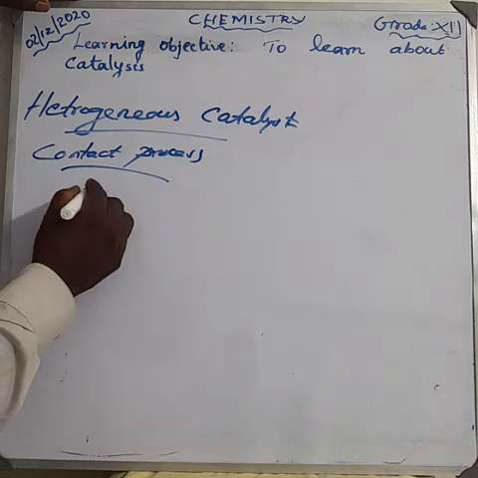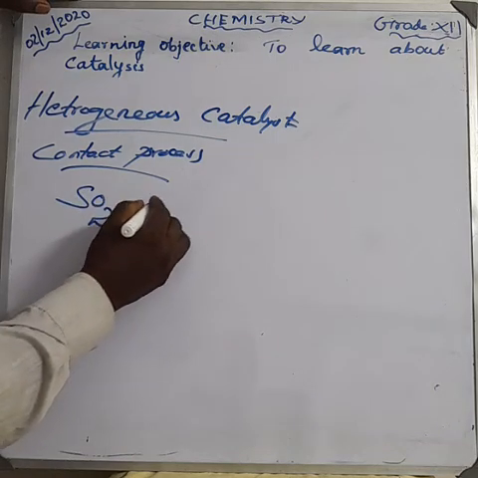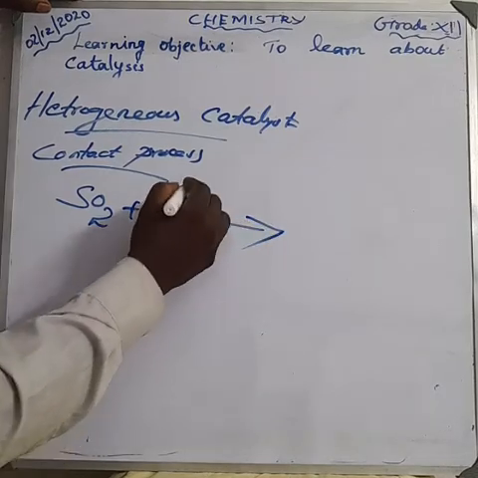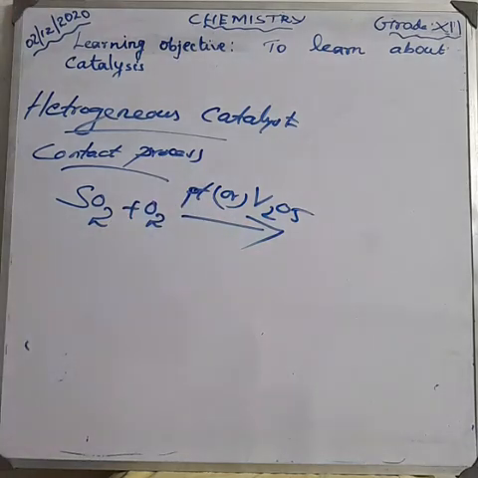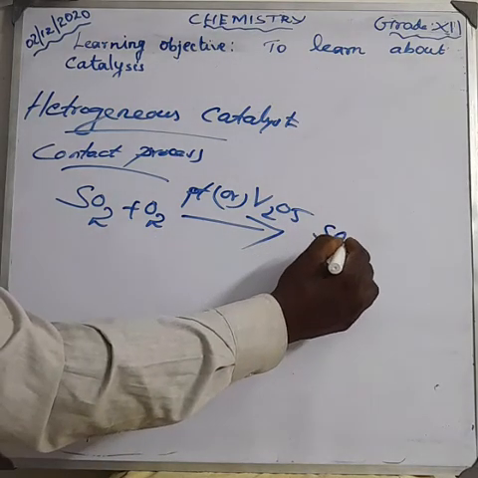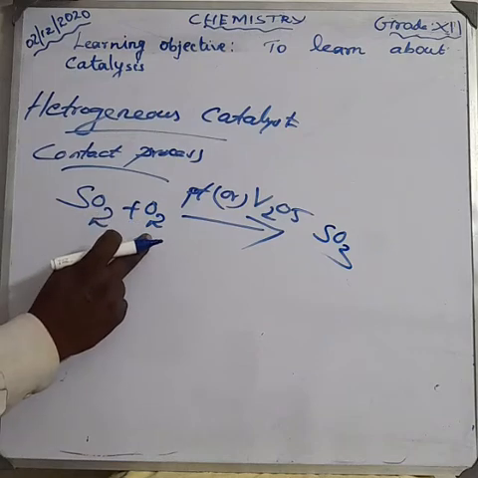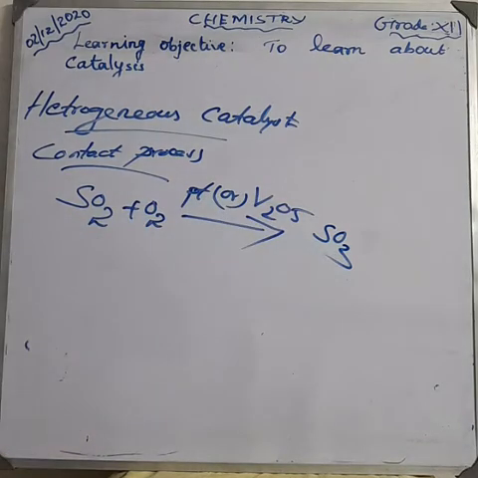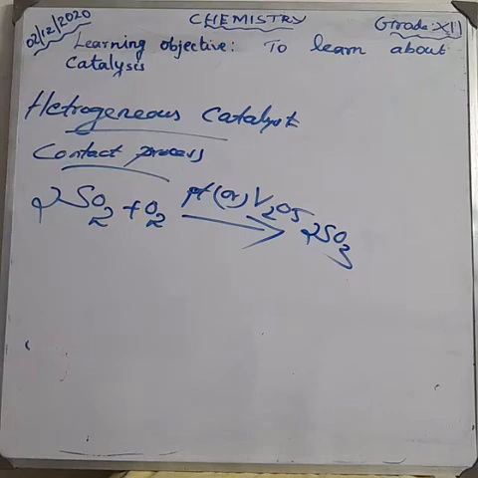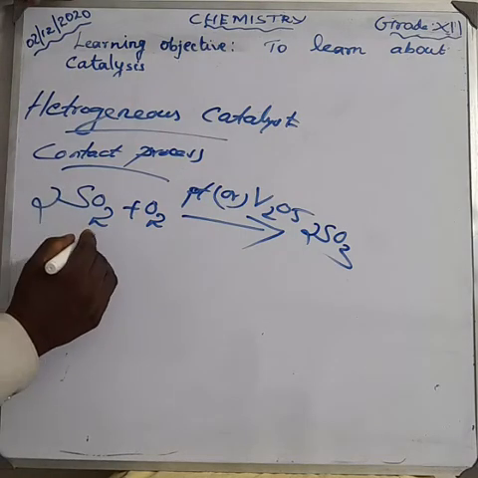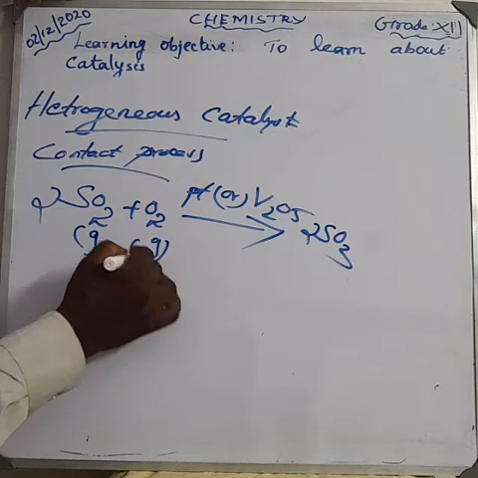SO2 plus O2 in the presence of Pt or V2O5, vanadium pentoxide, we get the product SO3. SO2 on reacting with oxygen gives SO3, sulfur trioxide. You have to balance the equation. Make it 2 here. This is a gaseous state.